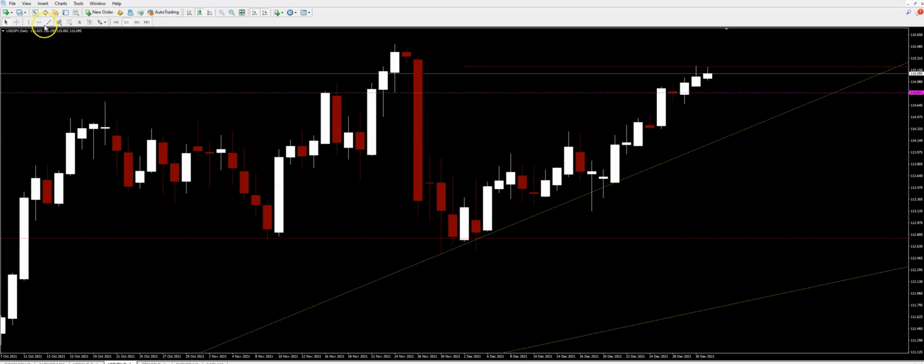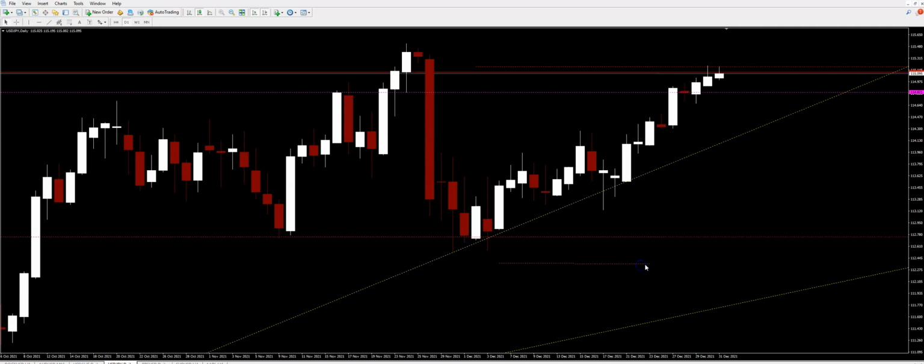So if I was to take a line and put it right there, the body of this red candle, as you can see, this next candle broke above it. It pulled back to right here, and then this white candle broke above it again, signifying that the trend is still up.